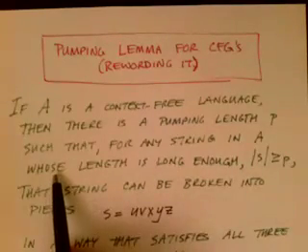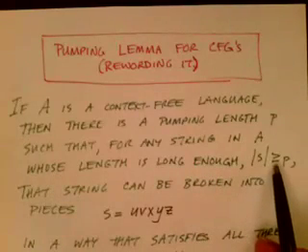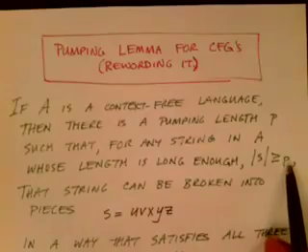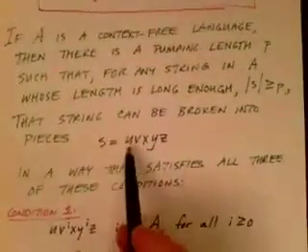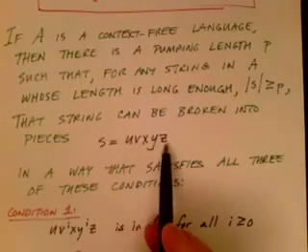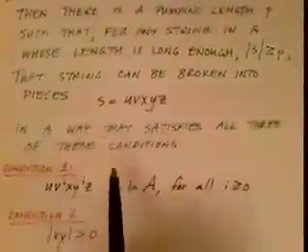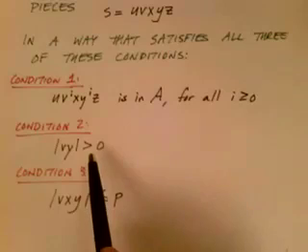So for any string whose length is long enough, and by that we mean that it is greater than or equal to P in length, that string can be broken up into pieces somehow, into 5 pieces, which we'll call U, V, X, Y, and Z, in such a way that all 3 of these conditions down here are satisfied.